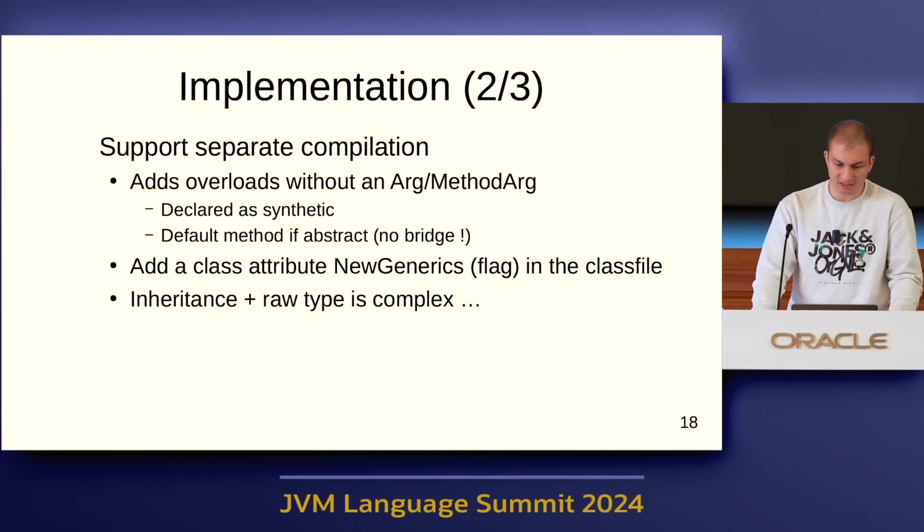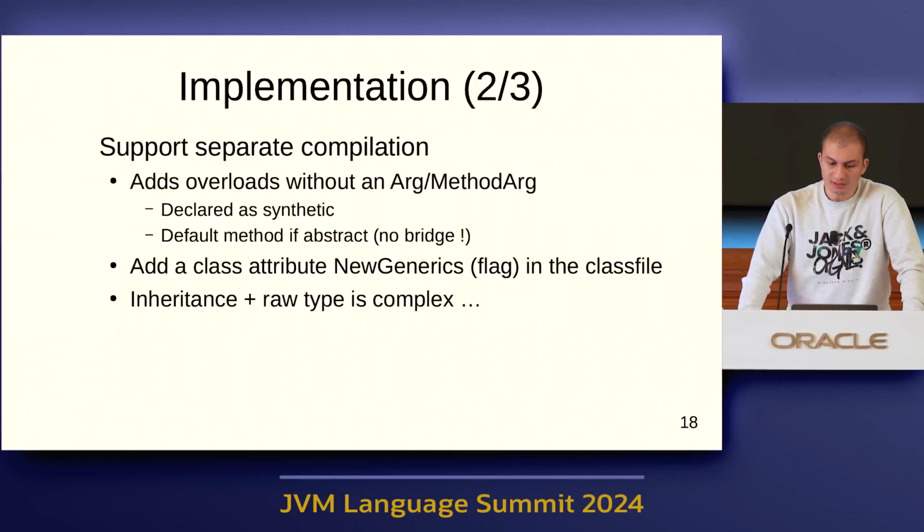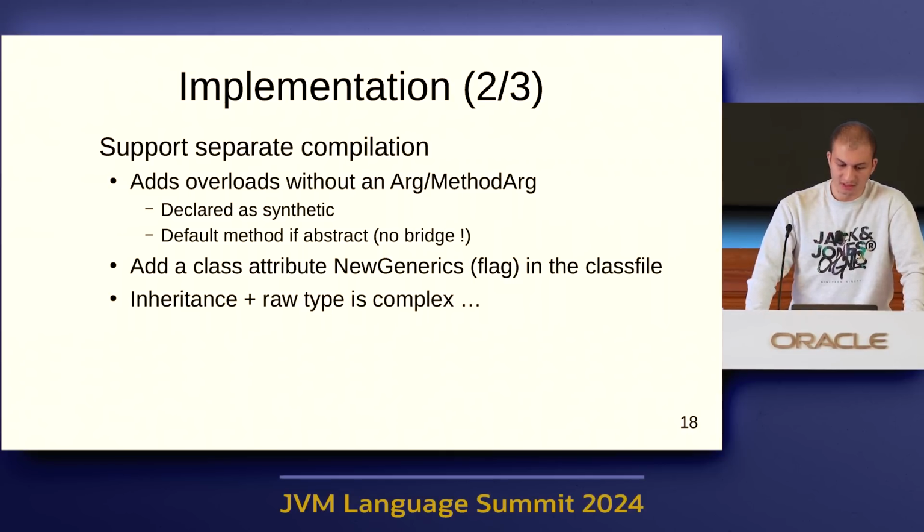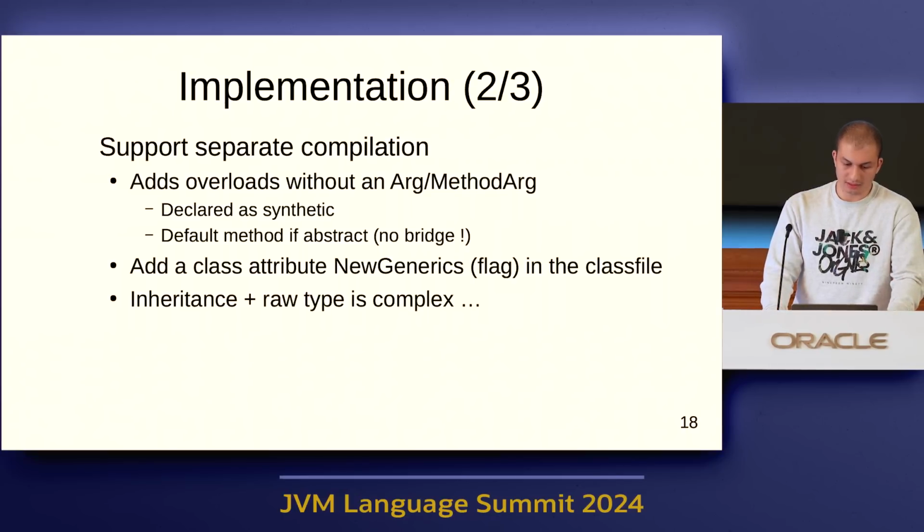So to make the difference between the new and the old classes, we added a flag. And finally, to be able to handle separate compilation, we had to handle inheritance in the context of row types, which is quite complex.